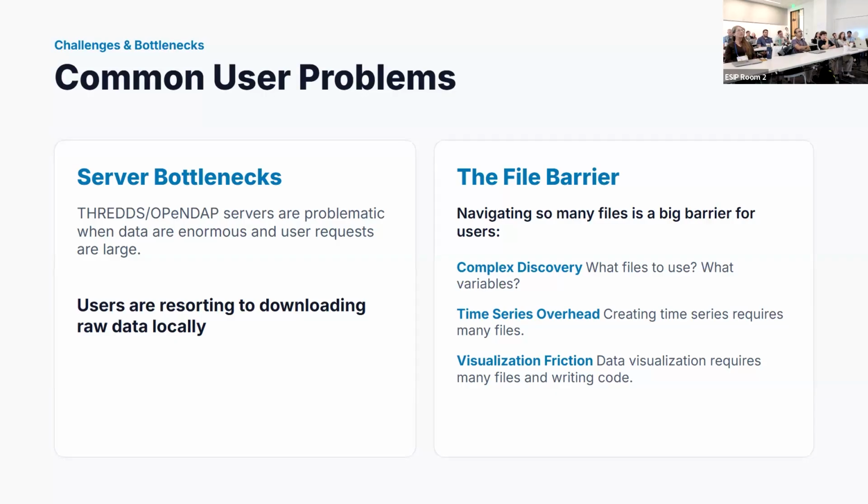Another barrier is navigating so many different files, which is complex discovery. Which variables do I use? And for us, what does that look like? That looks like writing huge documentation to help users understand the file system. And we are putting metadata into the file name because that's how they're scanning to figure out what is in that file.